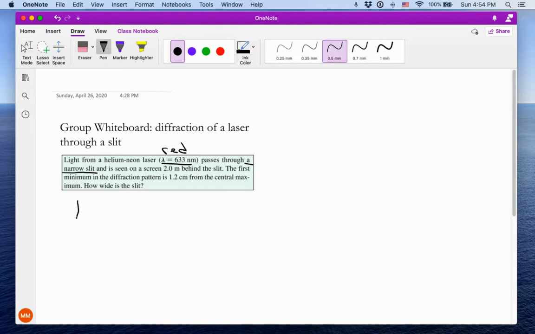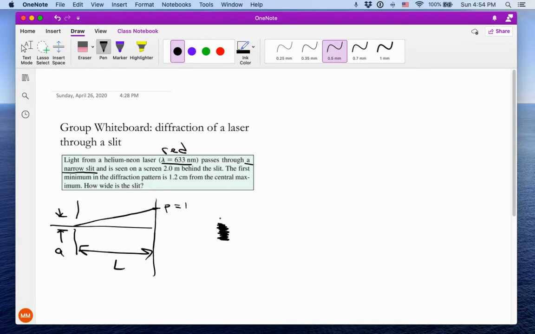This is our setup, right? And so this is A, this is our L. This right here is going to be P equals 1. And remember, single slit means that I have a bright central fringe that's bigger than all the others.